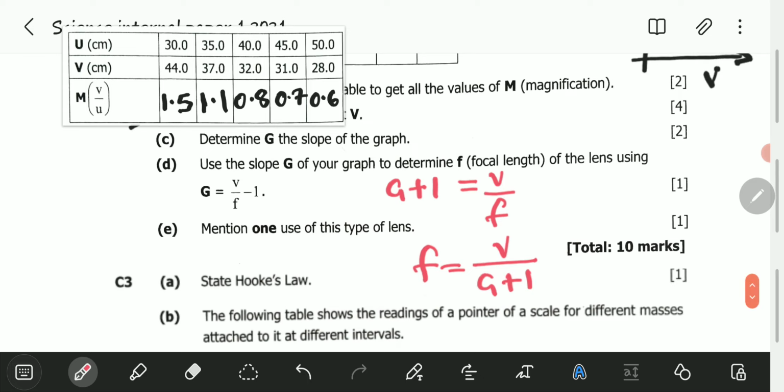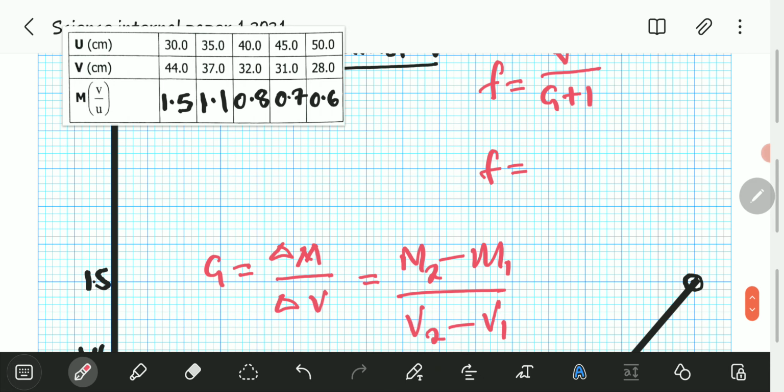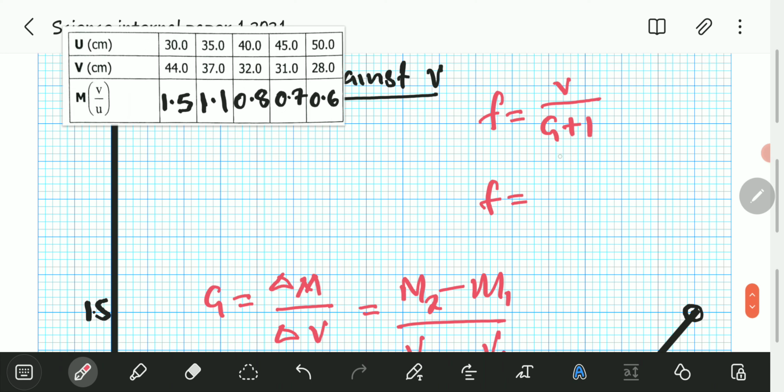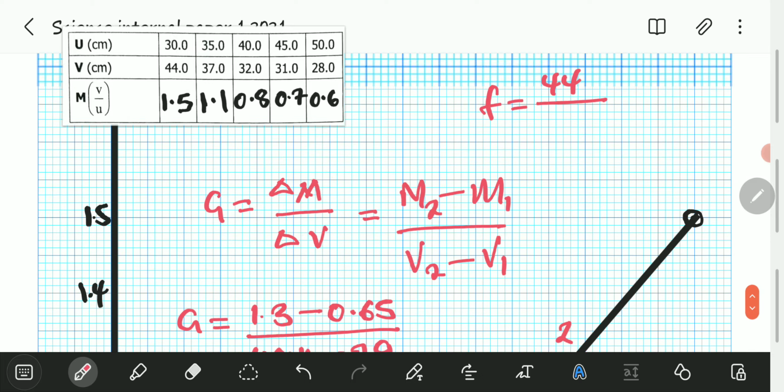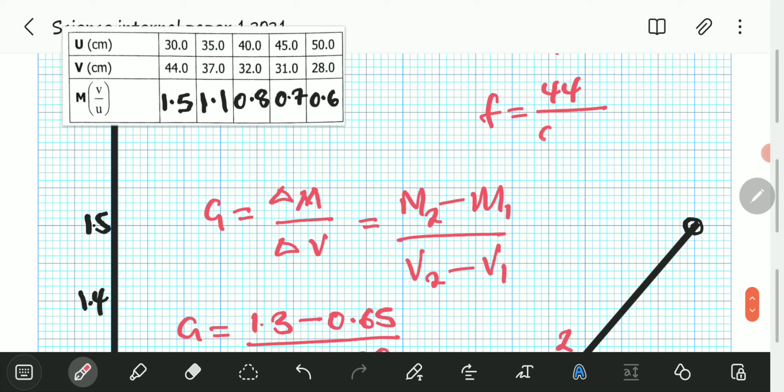You can pick any of these values of v, so we can go with 44. So we'll have 44 over g plus 1. What is g? g is 0.06, plus 1, which is 1.06. So f is equal to 44 over 1.06.